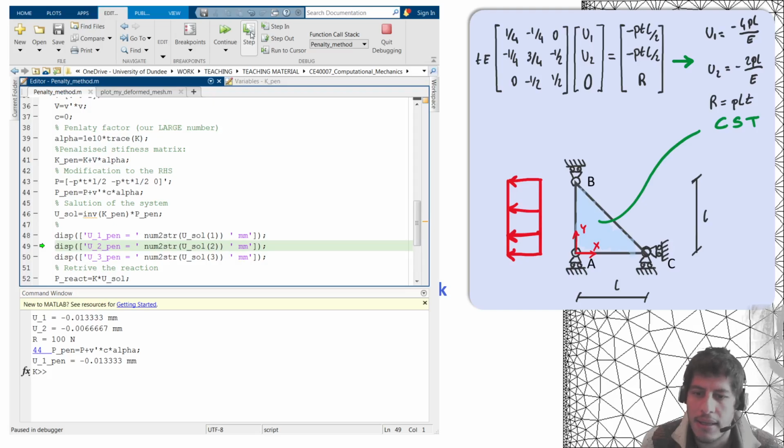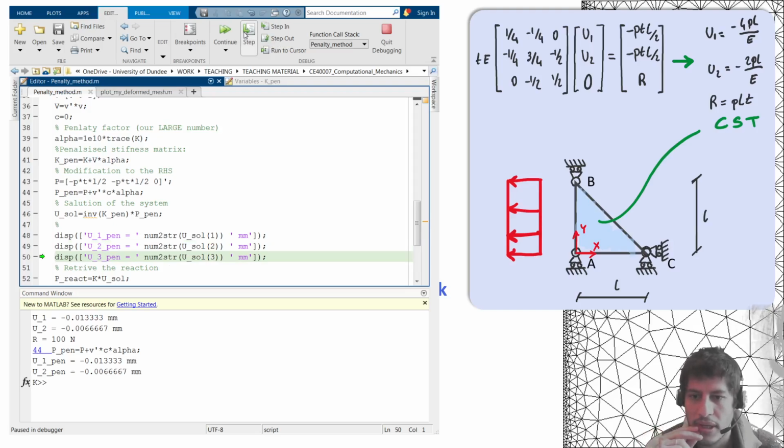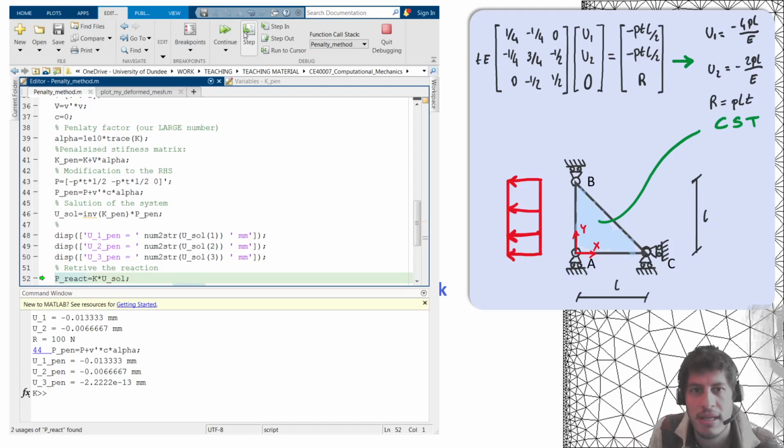The penalized U1 is minus 0.0133, which you see is exactly equal to the one that we got with the other partition method. U2 is equal to, well, it's the same. And finally, U3 is minus 2 times 10 to the minus 13, so it is a numerical 0, okay?